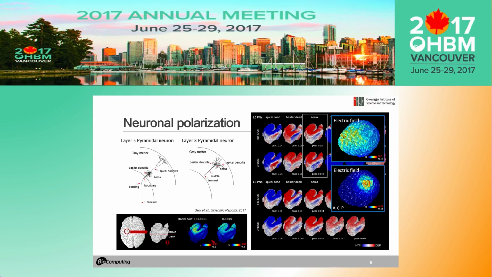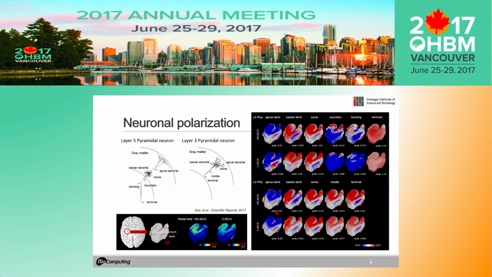As shown in this figure, high-definition tDCS induces a much higher magnitude of radial field compared to conventional tDCS in the target area. For the layer 3 pyramidal neuron, we observed a consistent pattern of neuronal polarization for all compartments. It might be due to the weak strength of tDCS, which makes an almost uniform electric field within the gray matter.